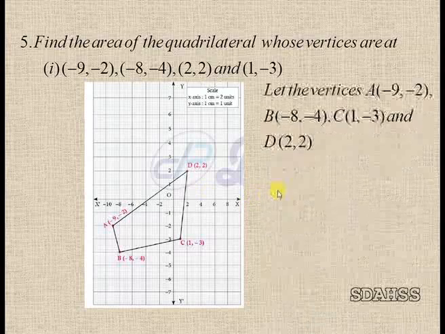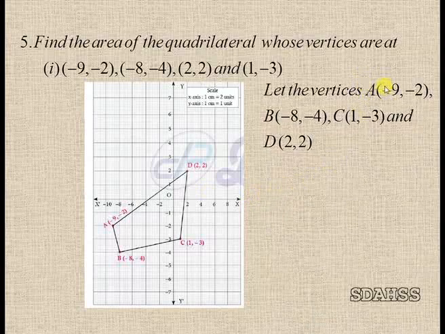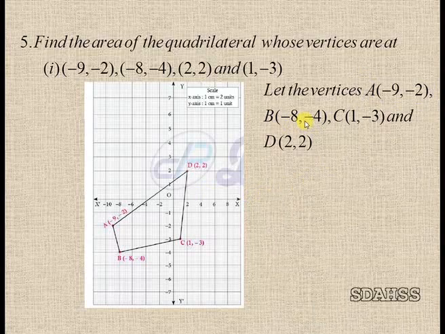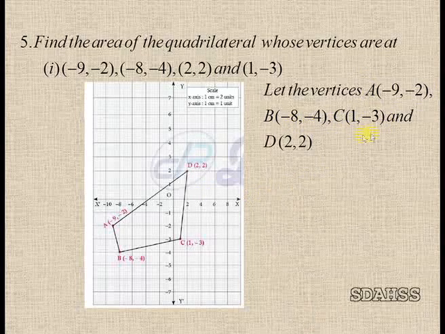So let the vertices A be (-9, -2), B (-8, -4), C (1, -3) and D (2, 2).